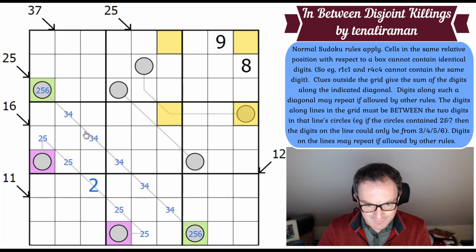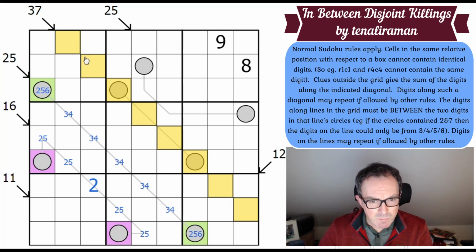Okay. So what do we do now? I've already looked at this diagonal. I just don't think... Am I going mad, or is there something we can do with this diagonal now? I've got 2s and 5s. Look, I've got the same as with the 3s and 4s.